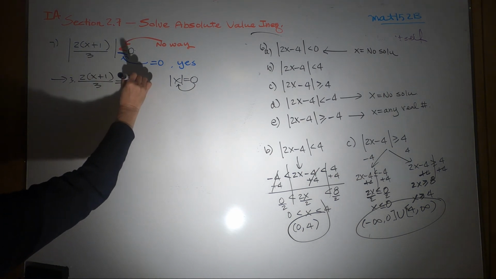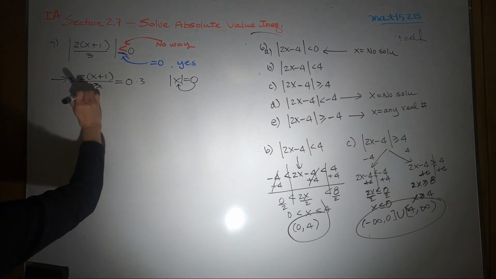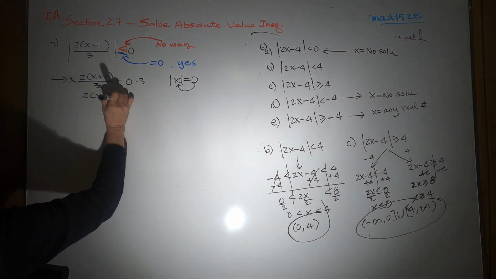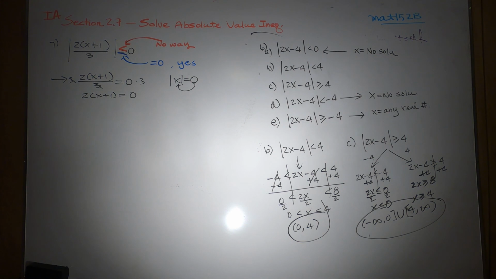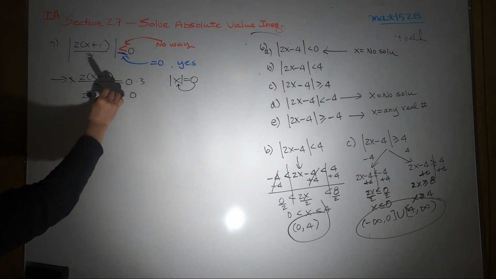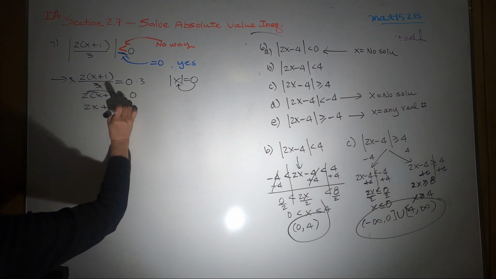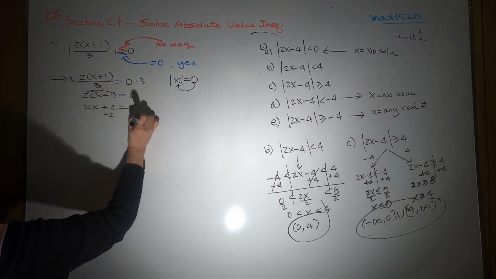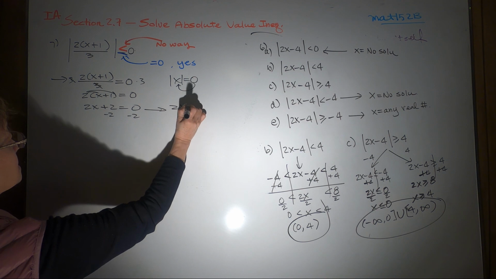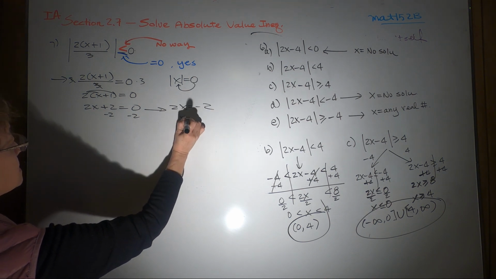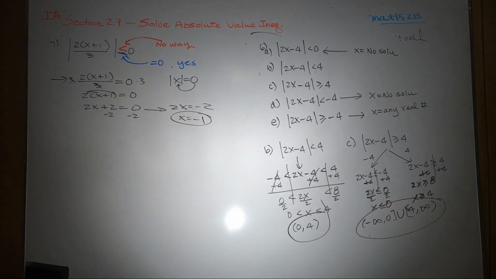Times 3, right, cancel out. So 2x plus 1 equals 0, right? Then we solve it. What do we have? 2x plus 2 equals 0, minus 2. So we have what? 2x equals negative 2. X is what? Divided by 2 is negative 1. Right?